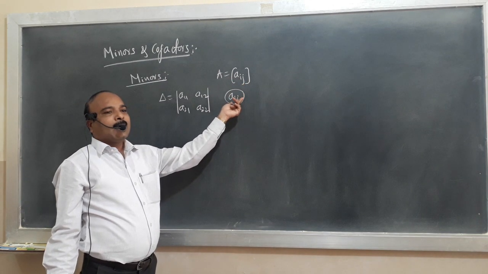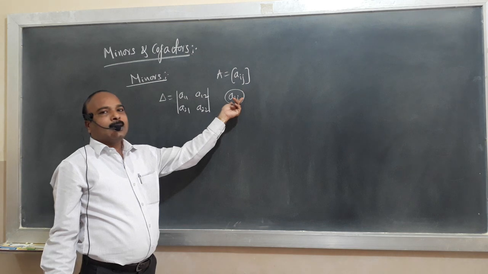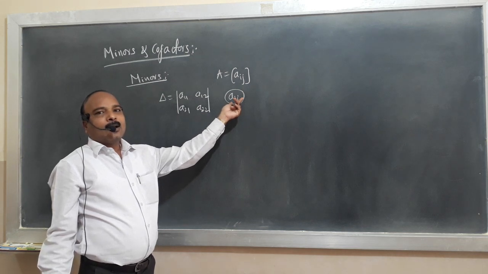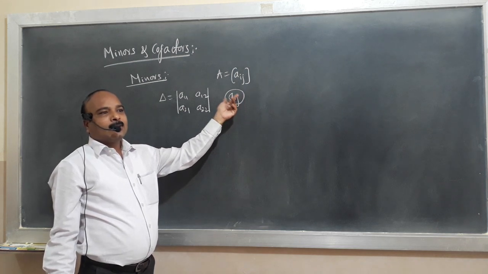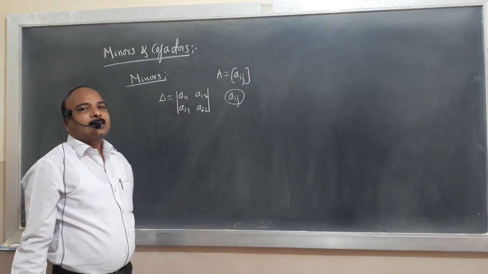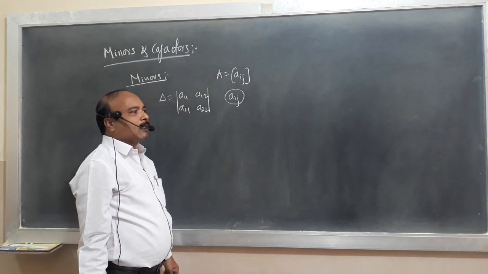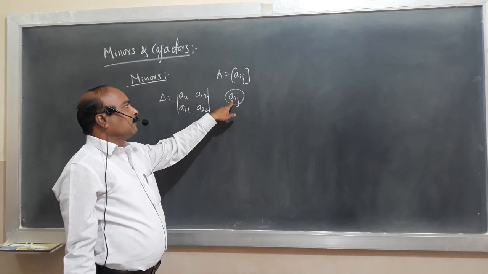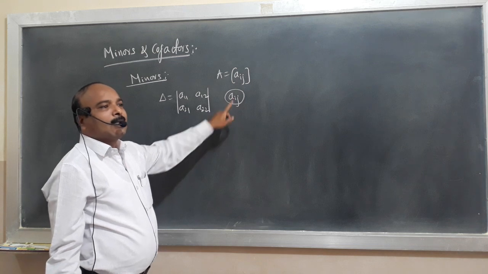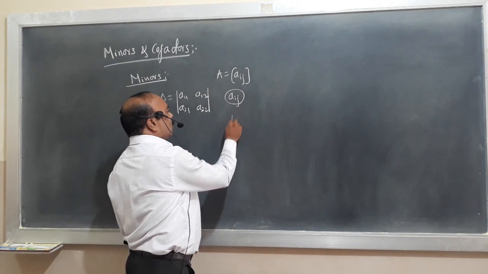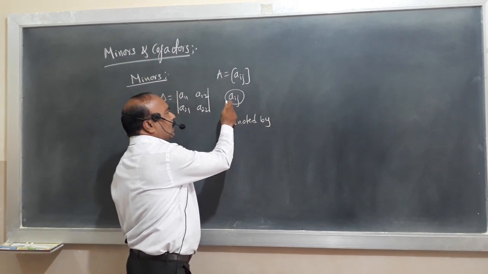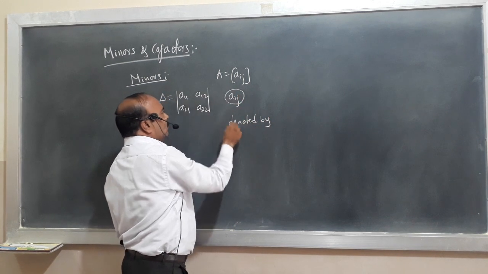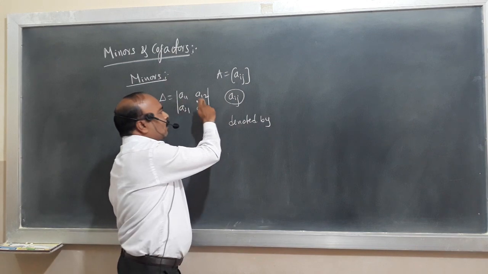Then we define the minor of this element as the determinant obtained by deleting the row and column in which it is present. That is called the minor of the given element, the minor of Aij. It is denoted by M11 for the minor of A11, M12 for the minor of A12.